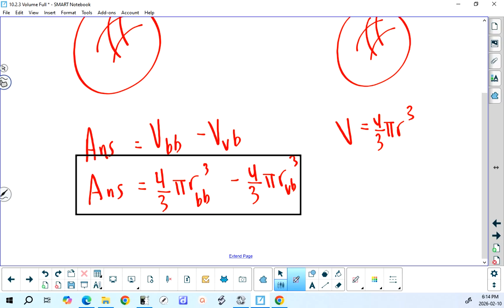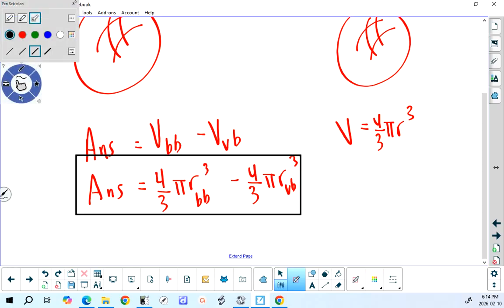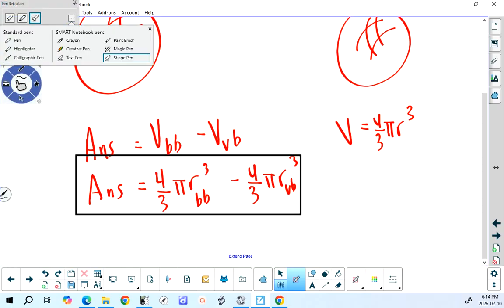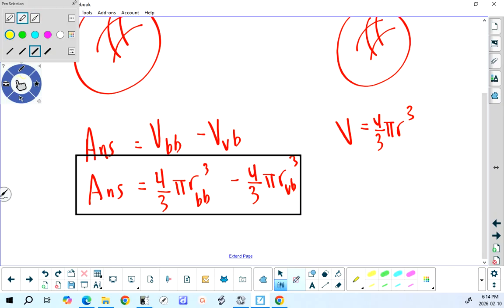The volume of the basketball is 4/3 pi r cubed, but we use the radius of the basketball. The volume of the volleyball is 4/3 pi r cubed, but we use the radius of the volleyball.